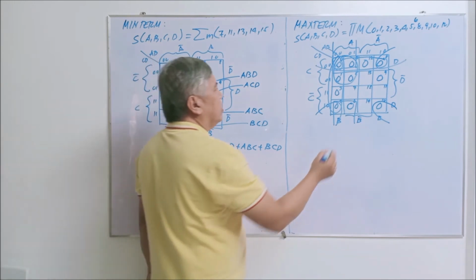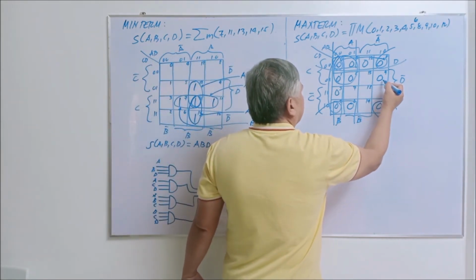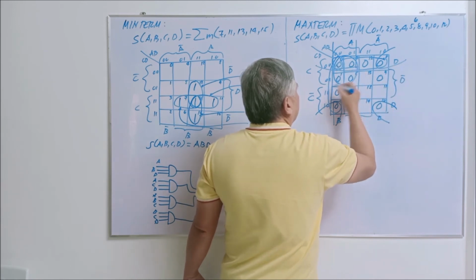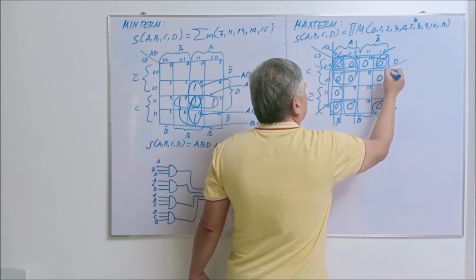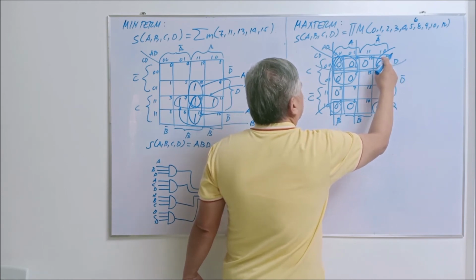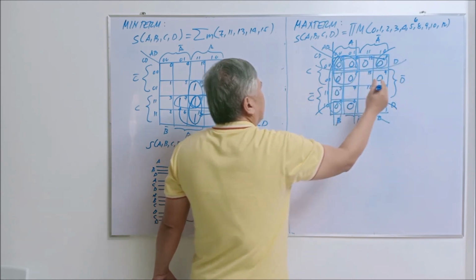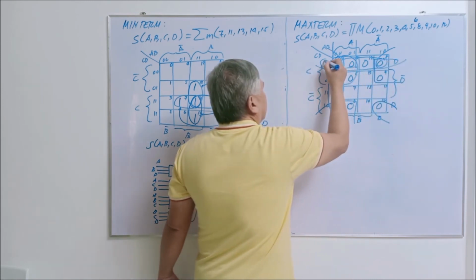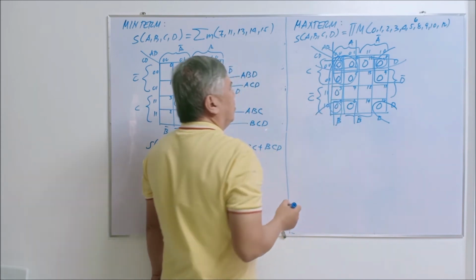What is left is cell number 9. Now, cell number 9 is still adjacent with this one here and this one. No? So, 9 and 8 are adjacent, and 9 and 8 are also adjacent to 0 and 1. So, we have this one and this one. Okay? Can you follow?